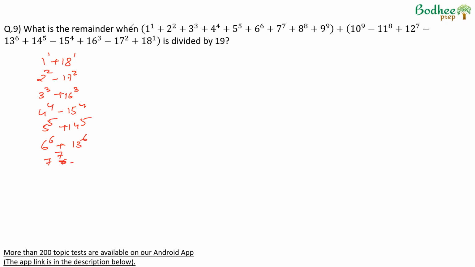Basically, the sign is alternating and one value decreases, the other increases.